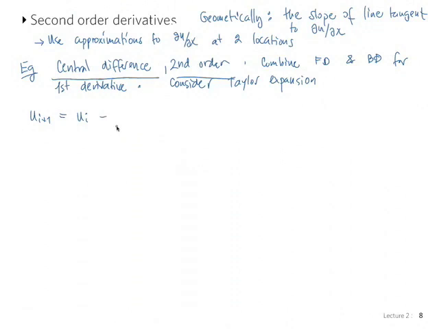Now on the Taylor expansion, just isolating the point i+1, it is equal to u_i plus delta x times the first derivative du/dx at i, plus delta x squared over 2 times the second derivative, plus delta x cubed divided by 3 factorial, which is 6, times the third derivative, and so on.